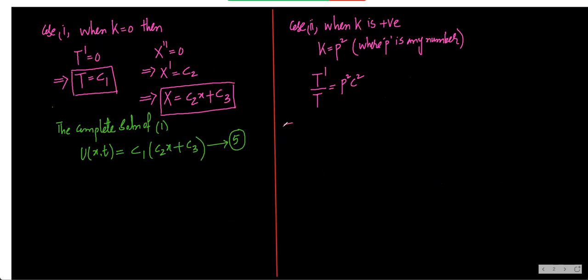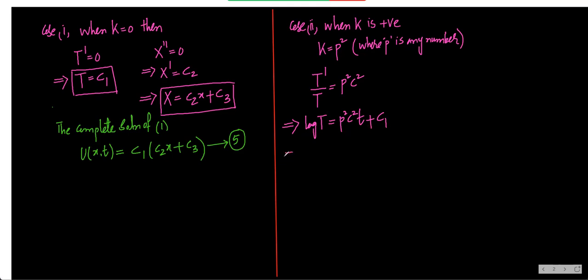We don't want to mention here, that is understood. Integration of differentiation of denominator is the numerator, we write it as log t. Log t is equal to, what's the integration of p square c square with respect to t? We'll get p square c square into t plus some constant we have to add. Correct?